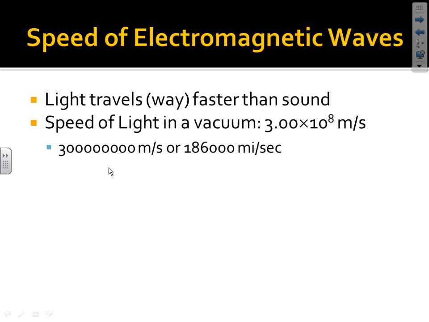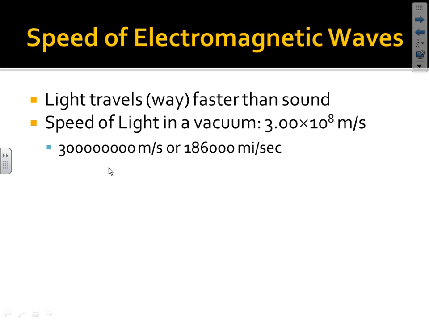The medium does affect the speed of an electromagnetic wave as well, but generally it causes it to slow down. So the thicker something is, the slower electromagnetic waves travel. Why? Because that matter just gets in their way, right?